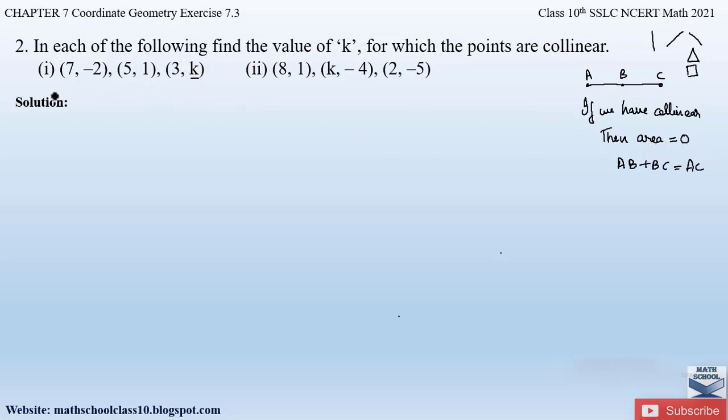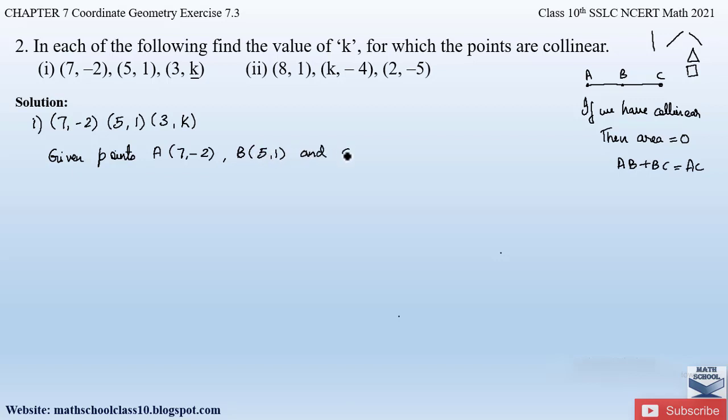So let us solve the first part of the question, whose points are given as (7, -2), (5, 1) and (3, k). Here we have to find out the value of k. Now let us first assume, given the points, let point A be (7, -2), point B be (5, 1) and point C be (3, k).